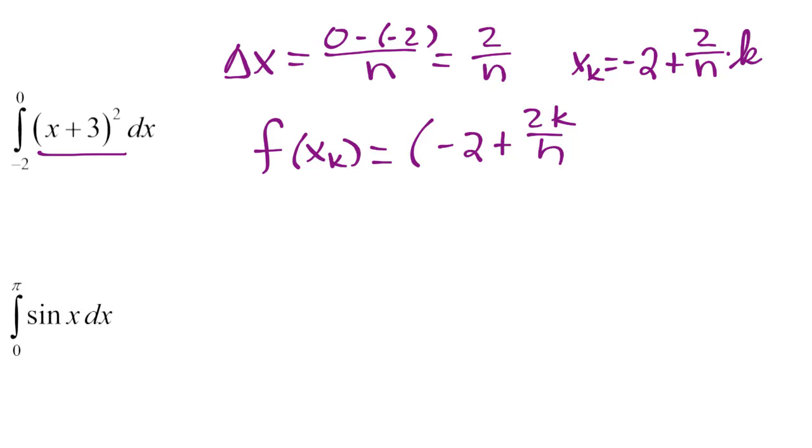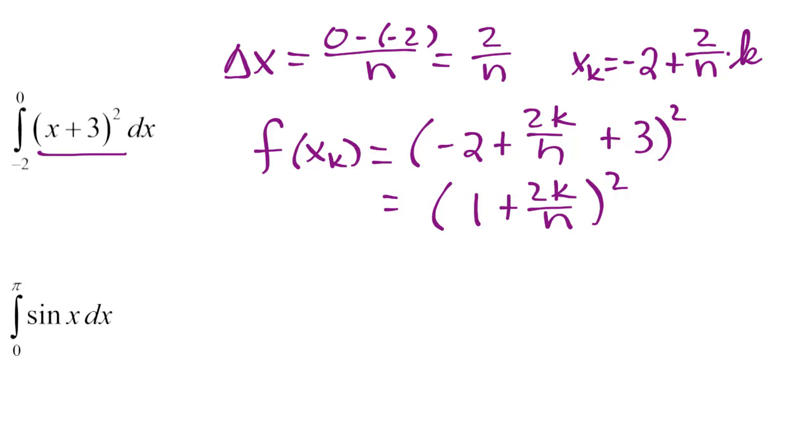So my x is negative 2 plus 2k over n plus 3, and then I'm going to square that. Or we can just simplify it and say we've got 1 plus 2k over n squared.